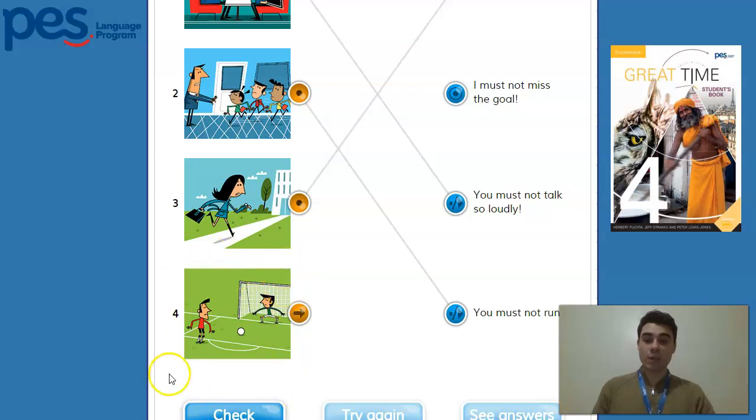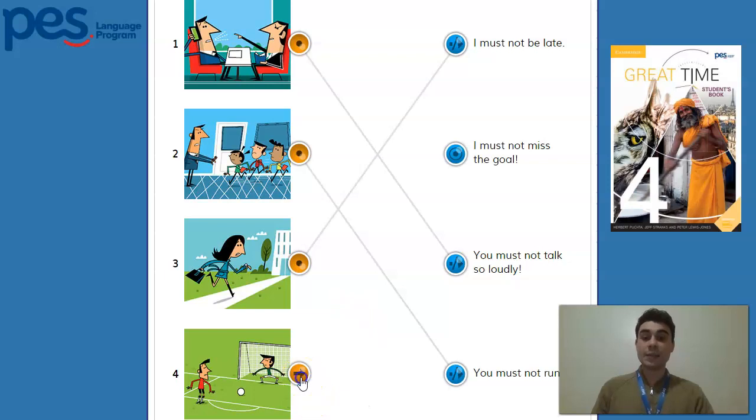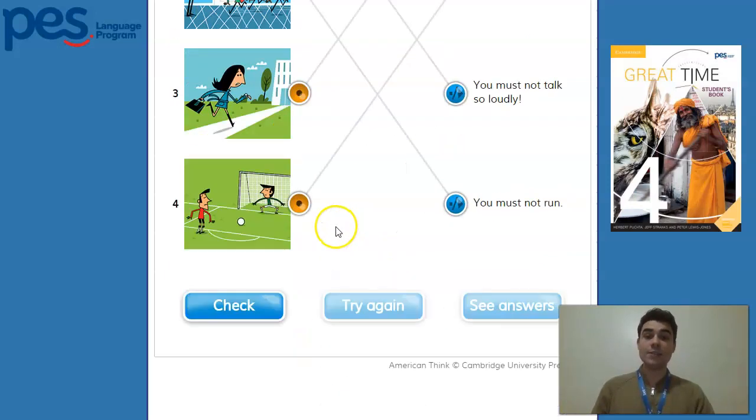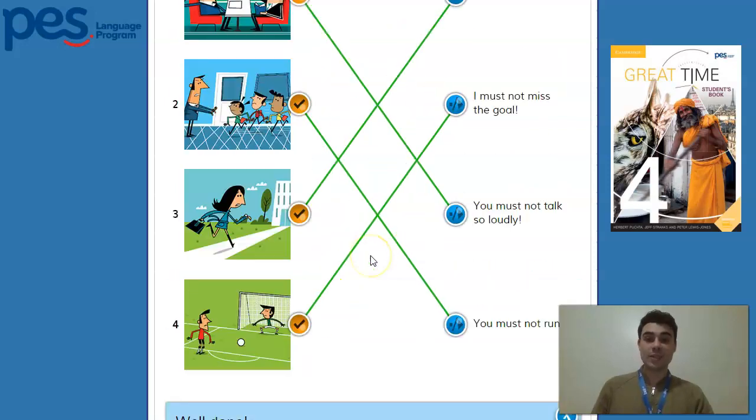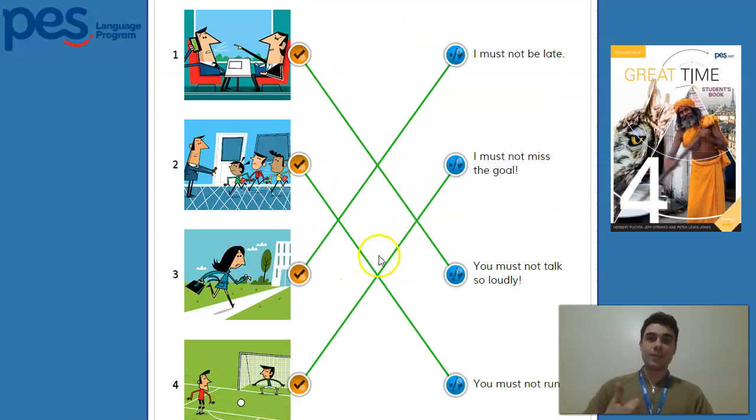And finally, we have this soccer game. We have the goalkeeper. We have this guy. Probably it's the final part of a game, right? Very decisive moment. And he must not miss the goal, right? Let's check our answers. Well done, guys. Very good.